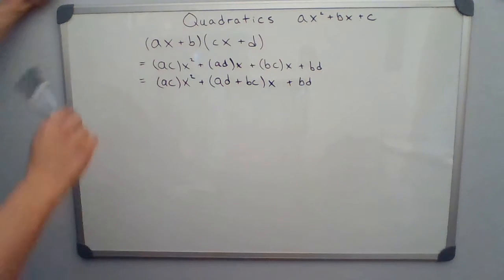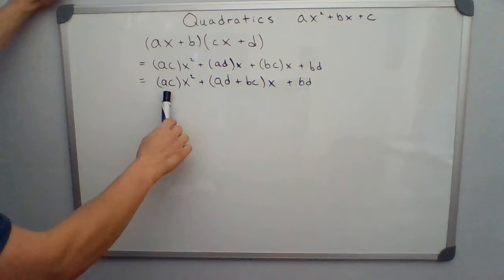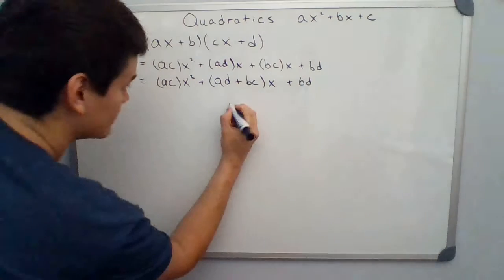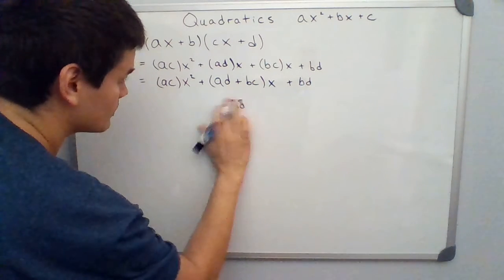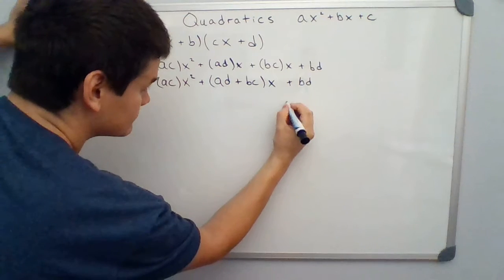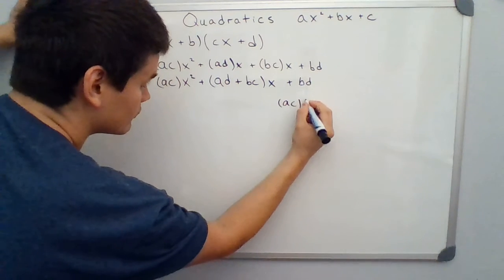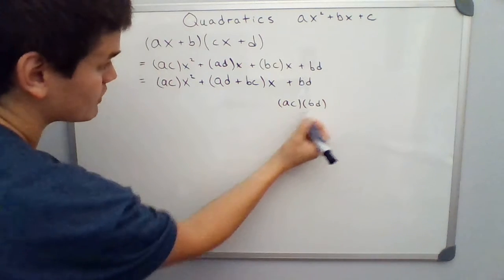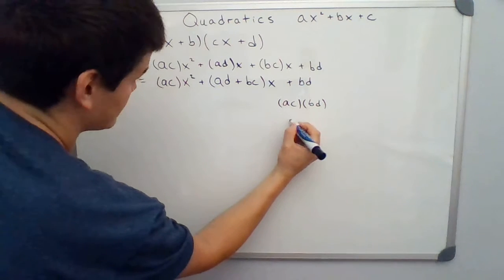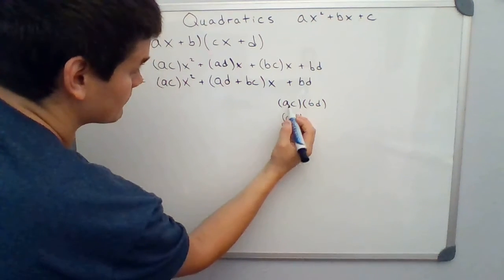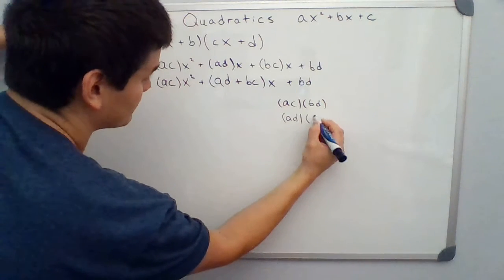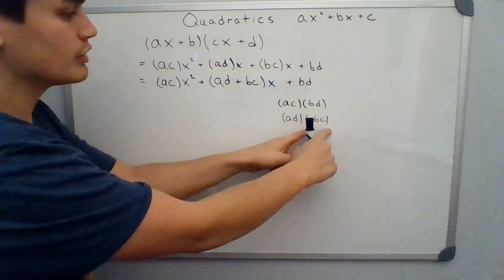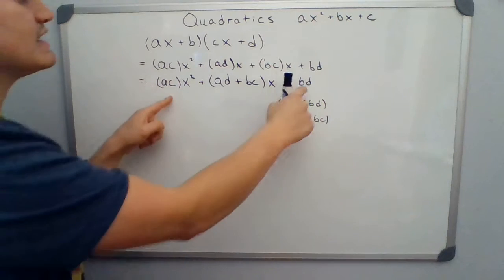And mainly my point here is to see that if I were to multiply AC by BD like this, I can rearrange these terms to be A times D times B times C. And then these two terms are factors of AC times BD.